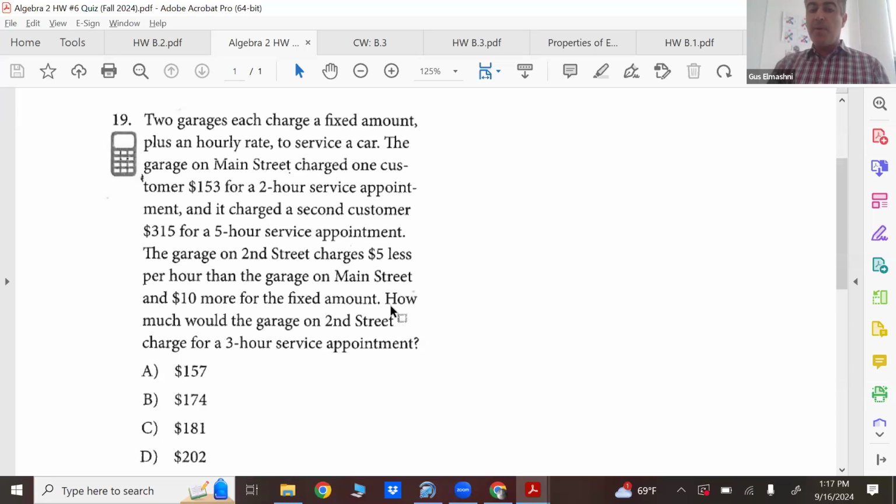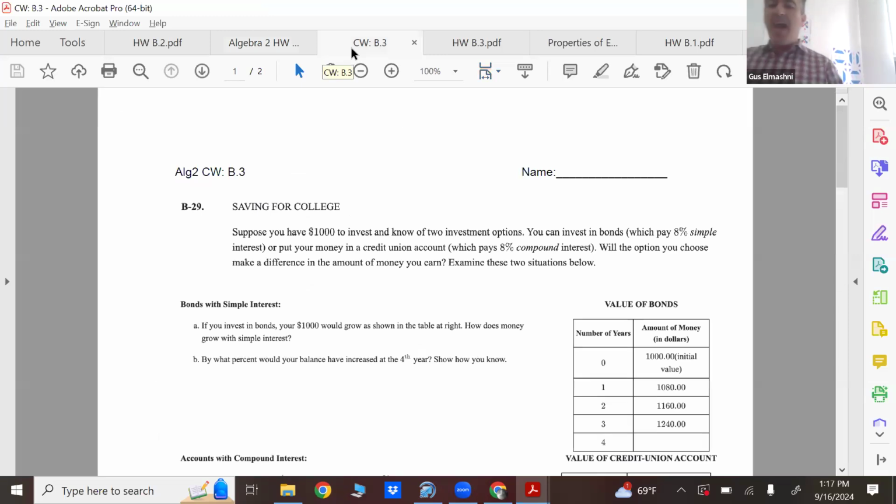They both charge an hourly rate and a fixed rate. The fixed rate's like your y-intercept. The hourly rate's like your slope. And they give you some scenarios, so you have to make equations from those scenarios, and then solve the question at the end. I'm going to hand it to you in a moment after we finish the lesson today. But I want to show you what to expect.